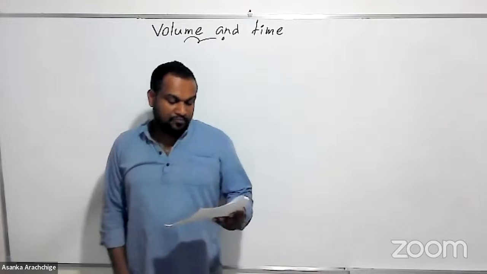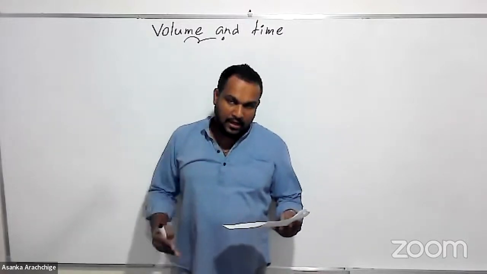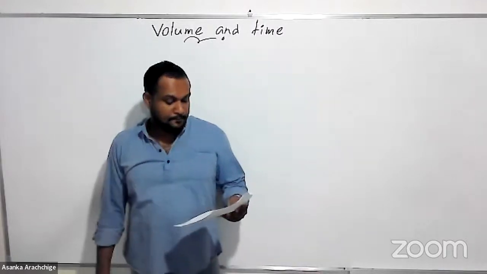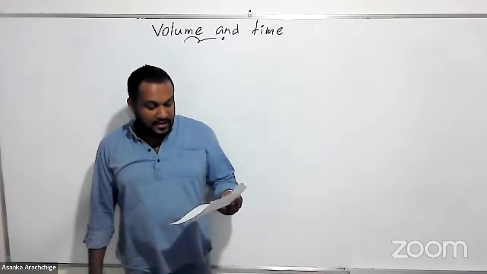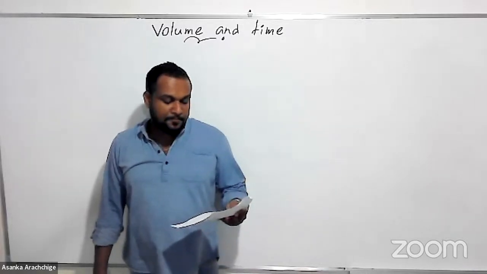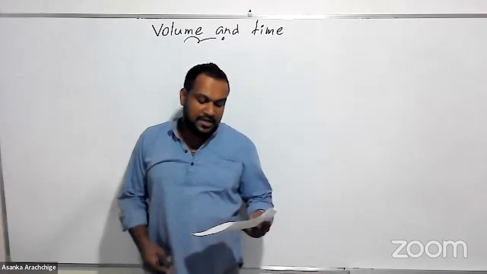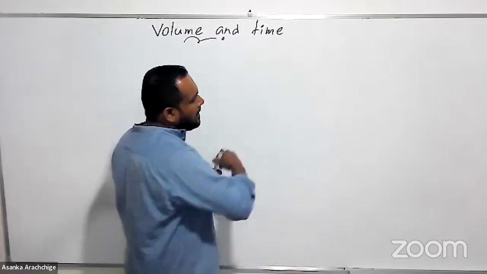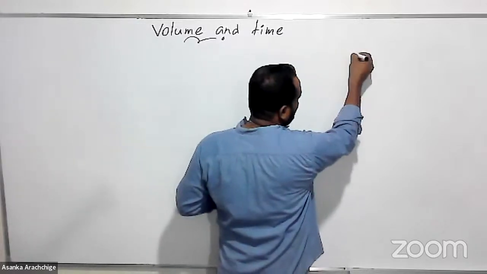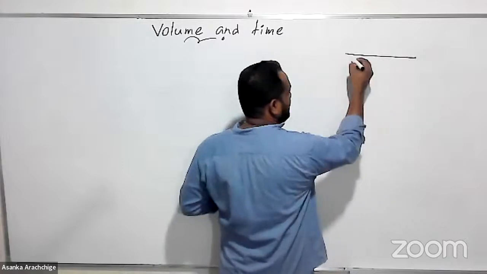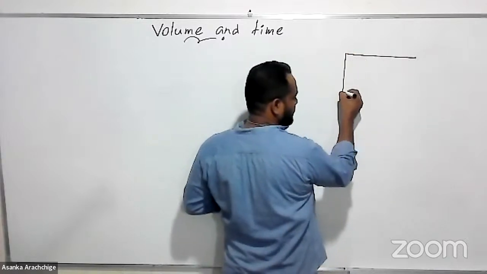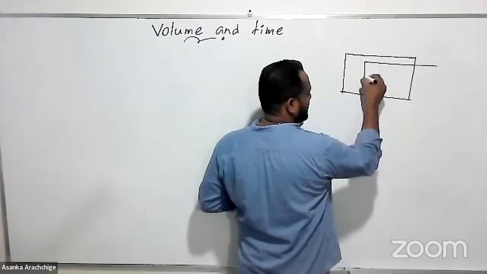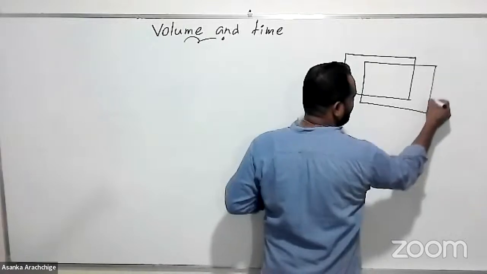The length, breadth and depth of an underground fuel tank are 6 meters, 4 meters, and 3 meters respectively. Right. It is about an underground fuel tank. It is a cuboid shaped fuel tank.